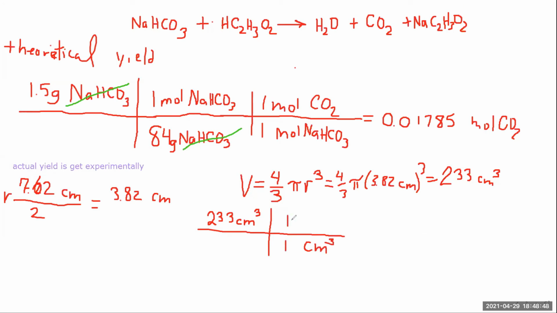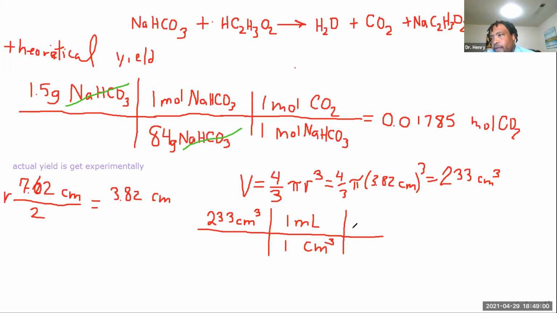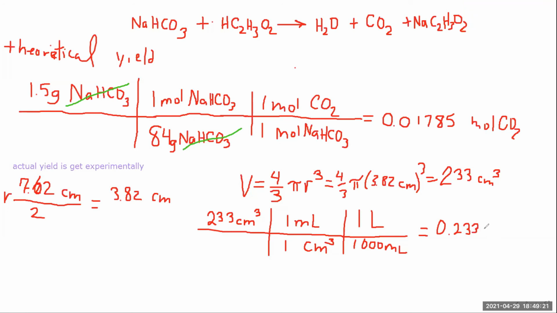So 1 cubic centimeter equals 1 milliliter. And then how many milliliters will equal a liter? 1,000. Okay, so then we get 1,000 down here. Okay, are you guys with me so far? Yes. Okay, good.